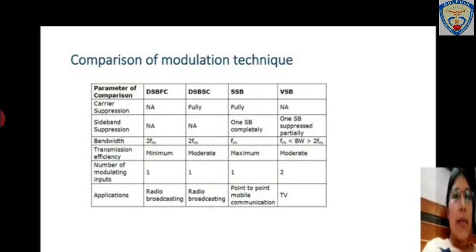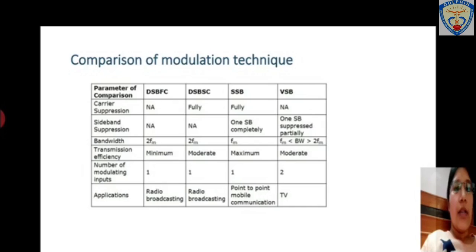Next, if we look at the comparison of the different modulation techniques, DSB-FC, DSB-SC and SSB-VSB differ in the carrier suppression mode, the bandwidth and the transmission efficiency. In SSB, we have only one sideband, so the total bandwidth is only Fm.